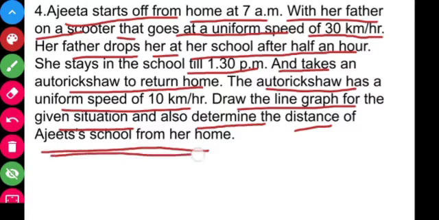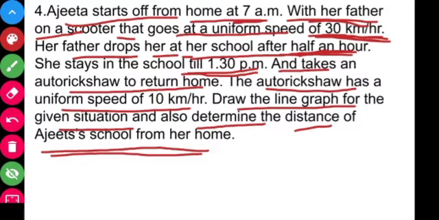Okay, so the question is given. Ajita starts off from her home at 7 a.m. with her father's scooter. Scooter speed was 30 km/h. Her father dropped her at school after half an hour, that means after 30 minutes. She stays at school up to 1:30.